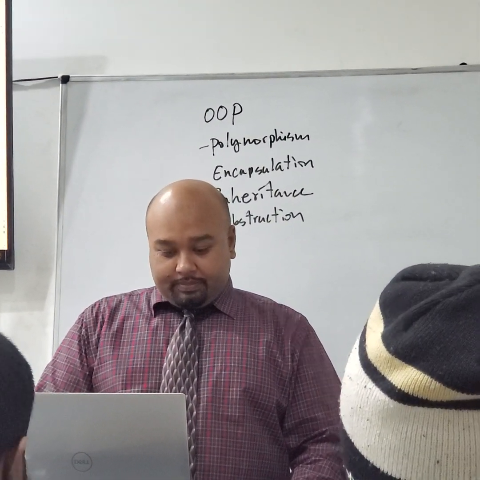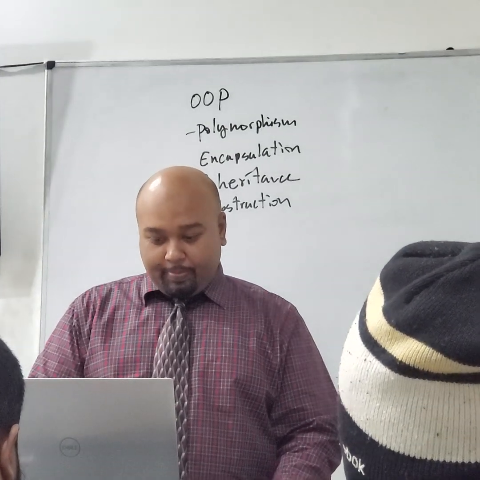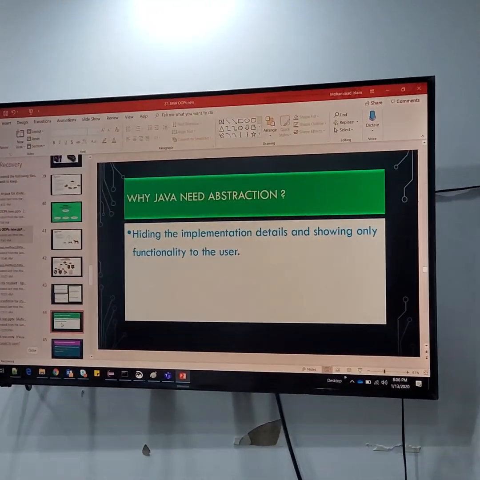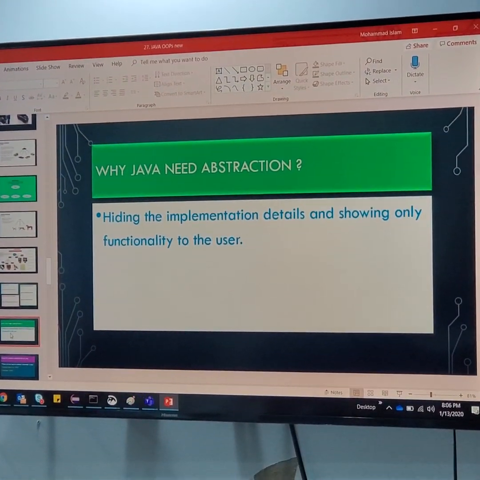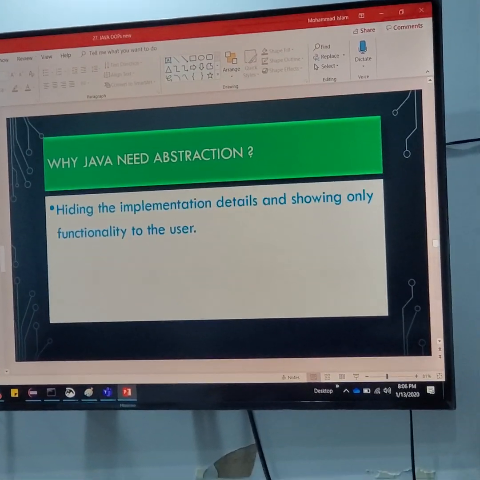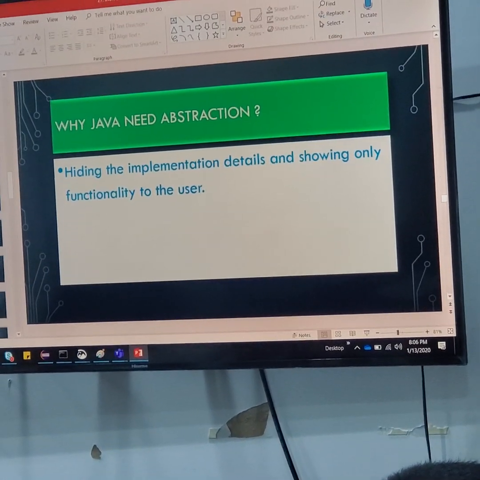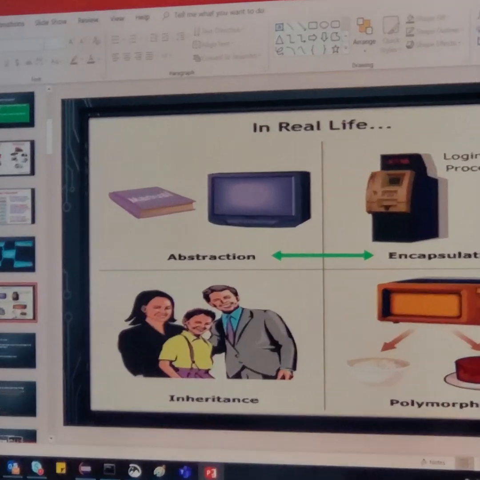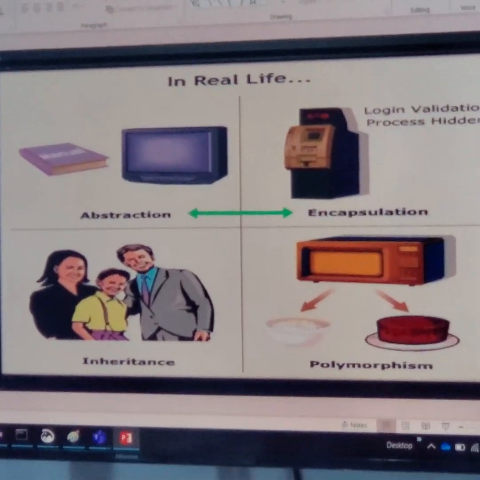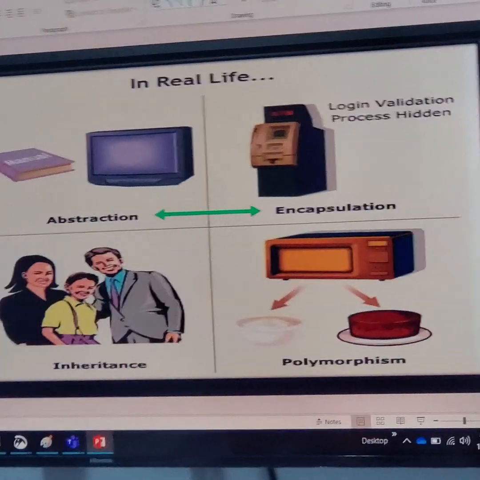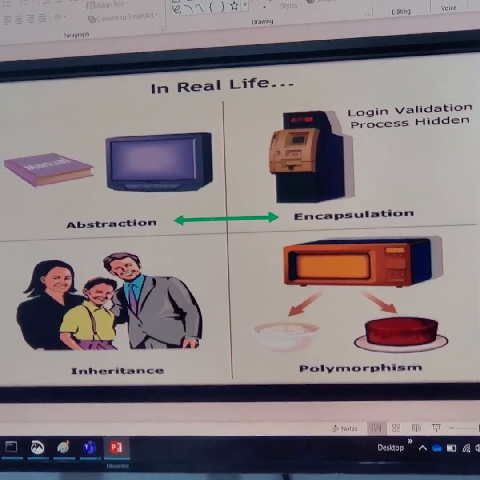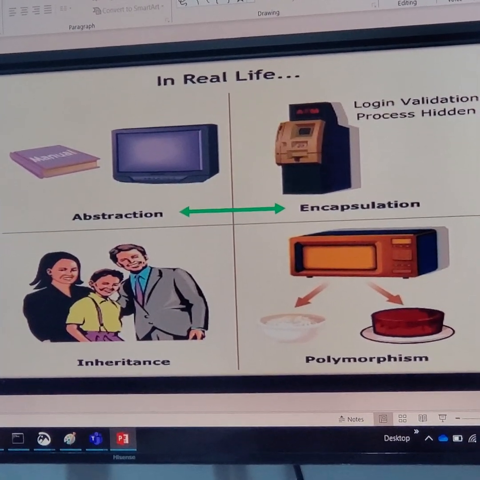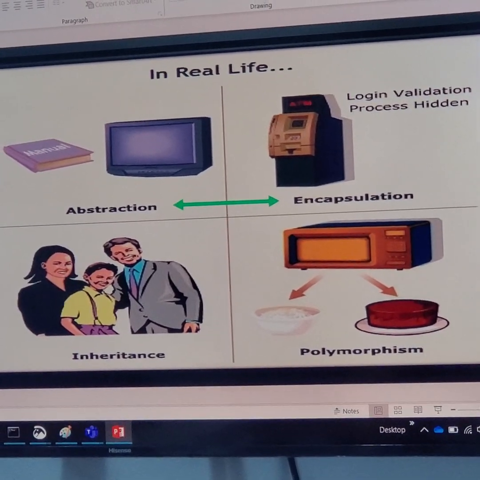So let's see. Abstraction is hiding implementation details and showing only functionalities to the user. So here's polymorphism, inheritance, encapsulation, and abstraction, right? For polymorphism, we're getting two different things: overloading and overriding.